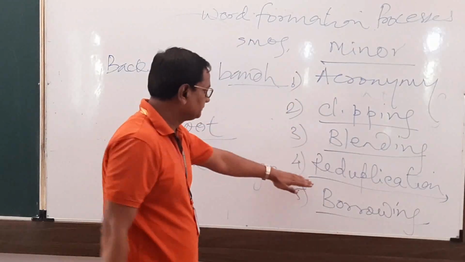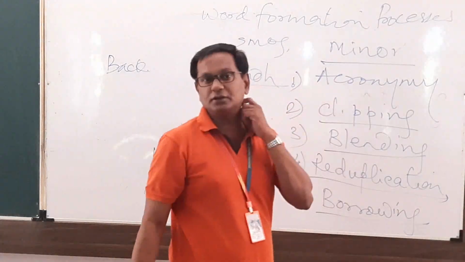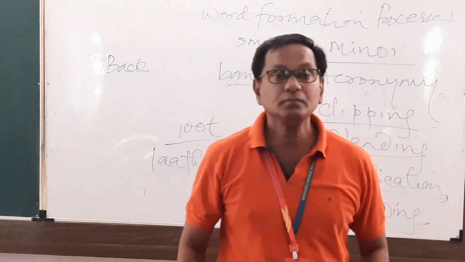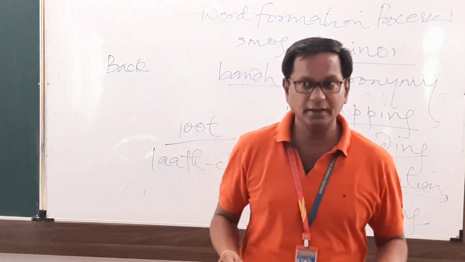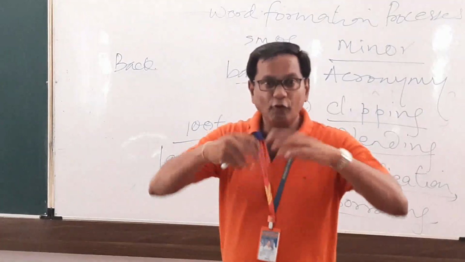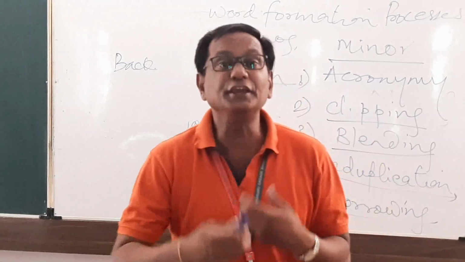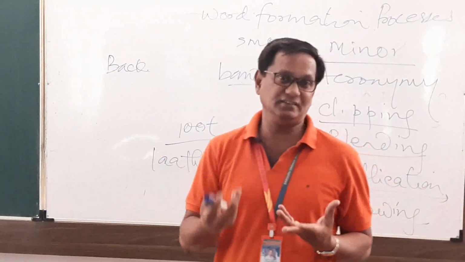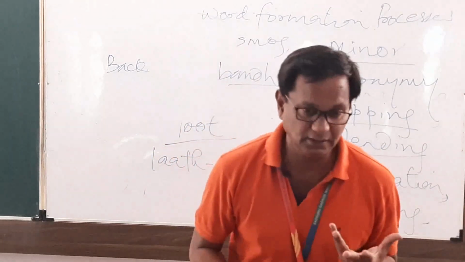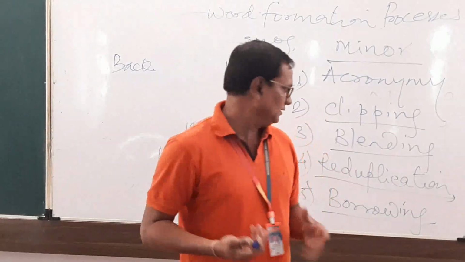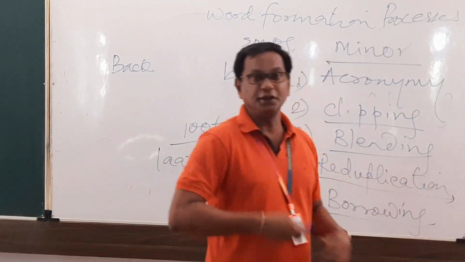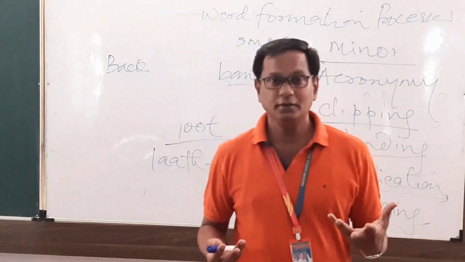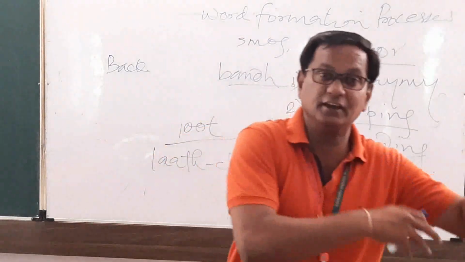Next, reduplication. Reduplication is the process in which words are arranged or formed in such a manner that they evoke various senses and various rhythms. This is called reduplication: tick tock, ding dong, right? Higgledy piggledy, helter skelter.